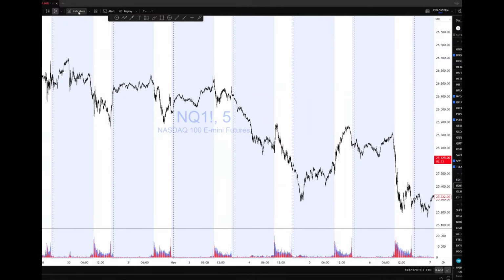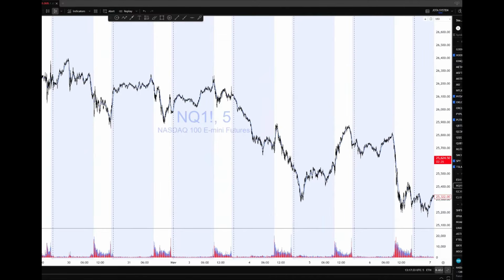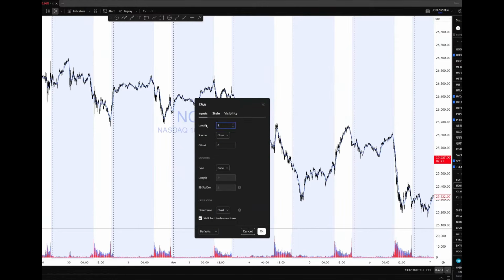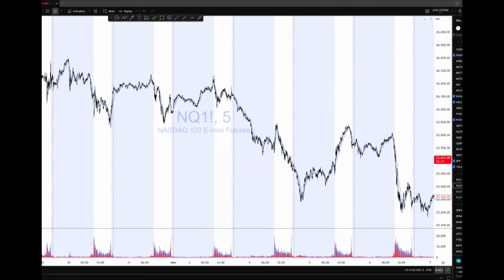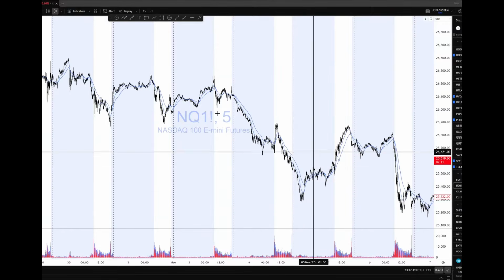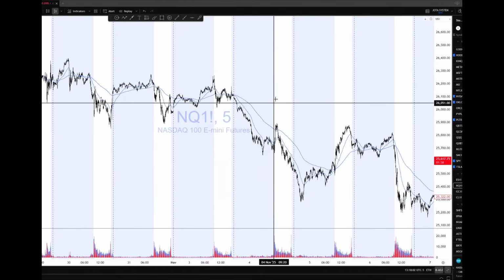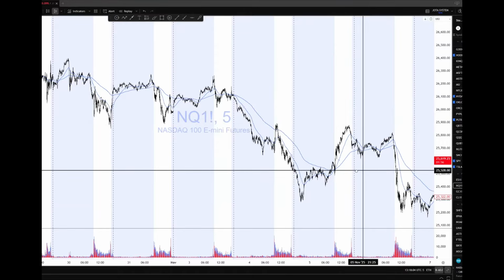For example, over here, if I put a 20 and a 50, it will give me right away the short-term trend. If I put a 200 and a 50, that is what traders call the golden cross, generally with SMA. I can see right away the direction.